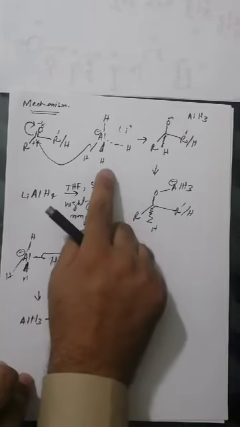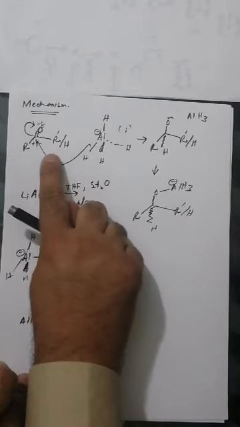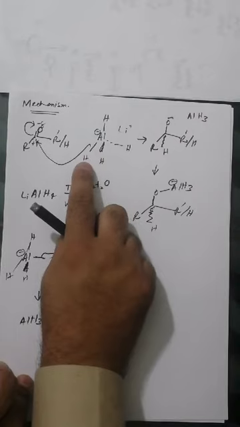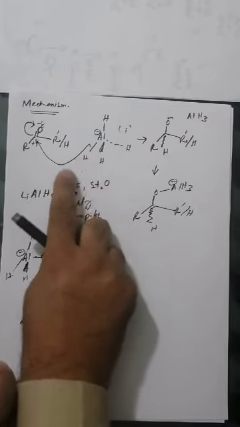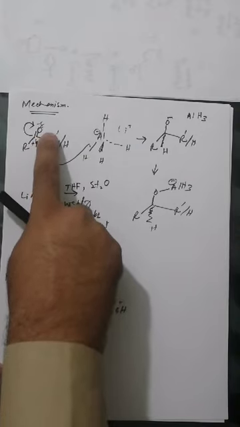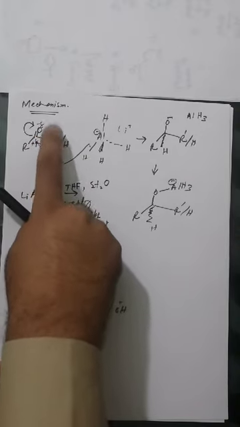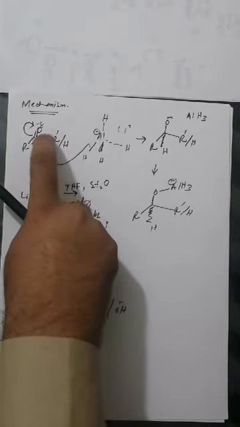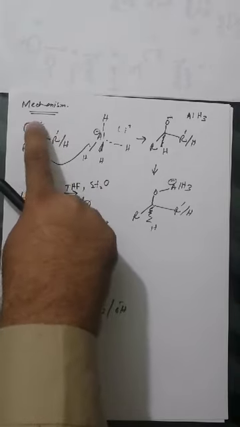So what happens is that when ketones react with lithium aluminum hydride, it releases the hydride ion as a nucleophile, and this nucleophile attacks polar bonds such as C double bond O, C double bond N, C double bond S. So any polar bond, the pair of pi electrons moves onto the oxygen, so it becomes an oxide ion.